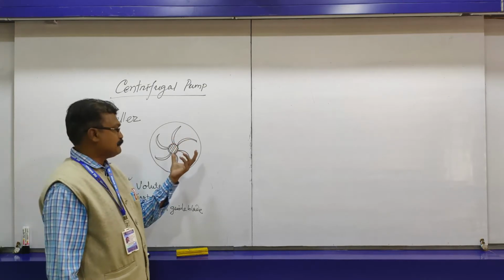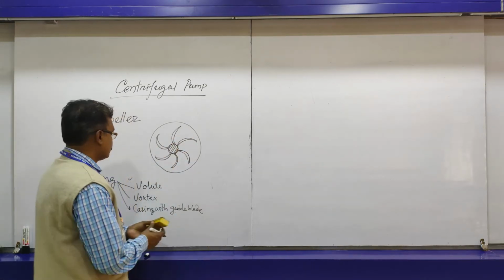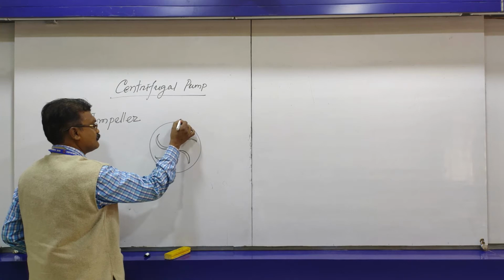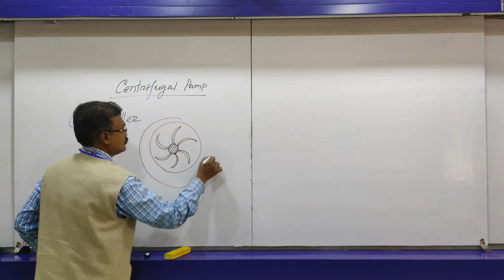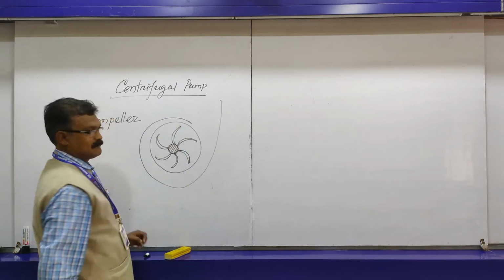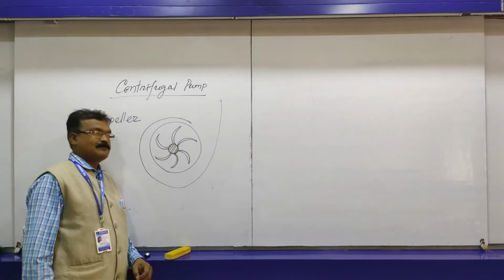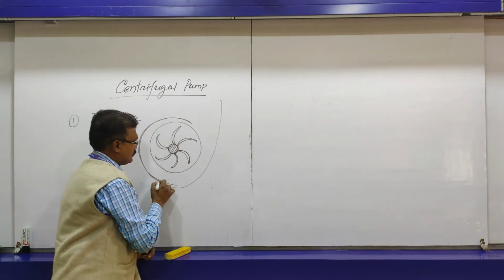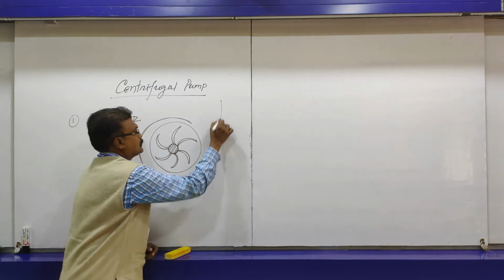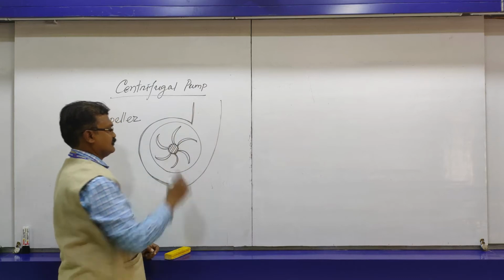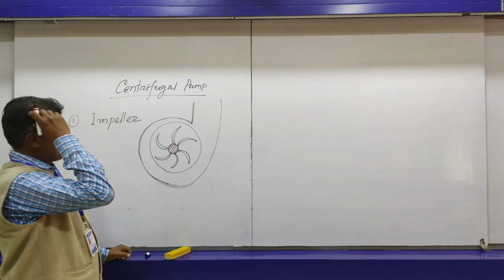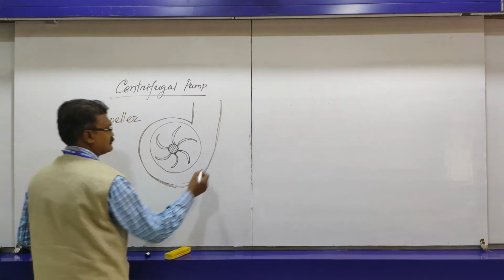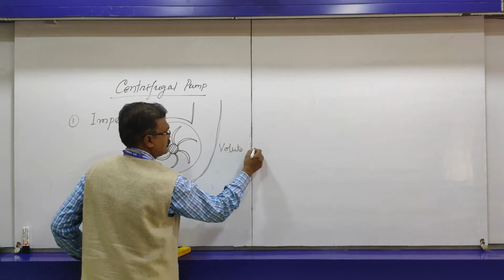Look here, the impeller is inside the casing. The area of the casing is increasing to increase the pressure. This is the volute casing.